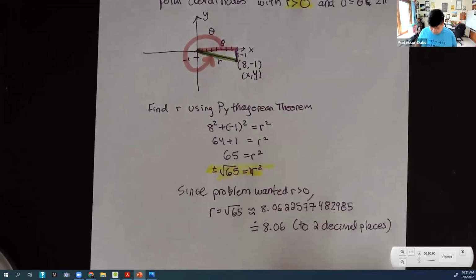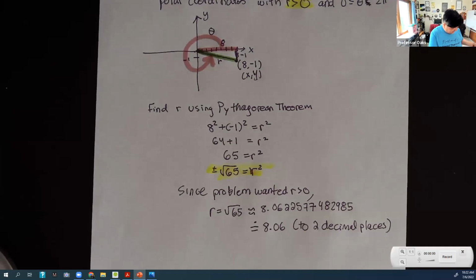But then to find the theta, if you remember how this actually works, I really wish I remembered where I put the part where I told you when to add the 2 pi or when not to add the 2 pi.